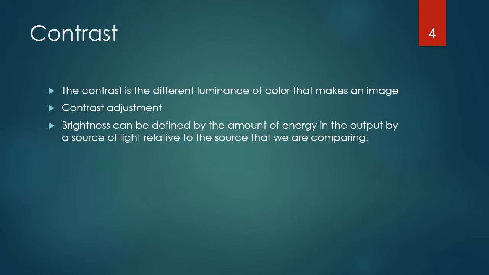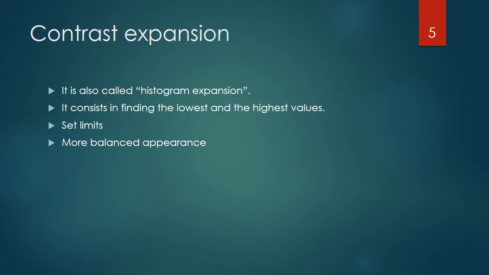The brightness can be defined by the amount of energy in the output by a source of light relative to the source that we are comparing. And the brightness can be controlled by the histogram. The contrast expansion, which is also called the histogram expansion, consists in finding the lowest and the highest values.